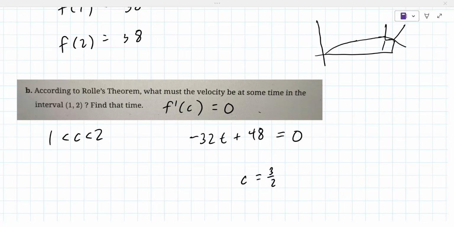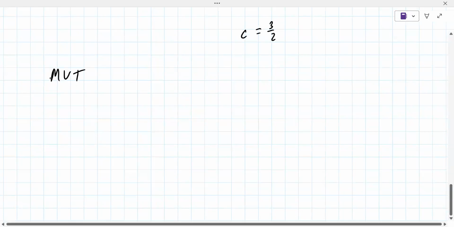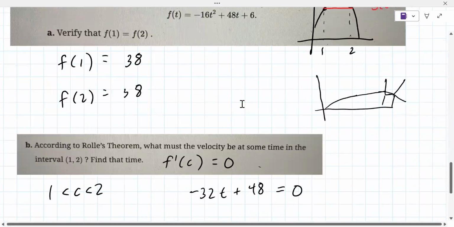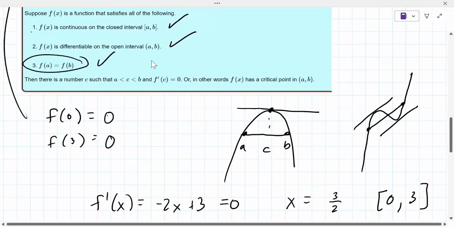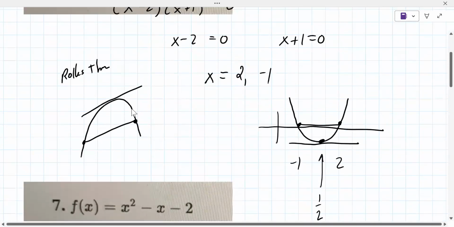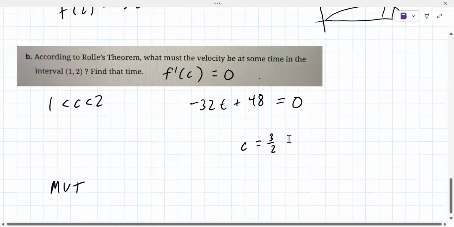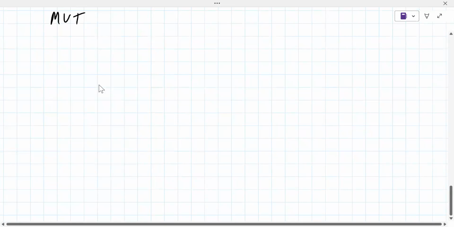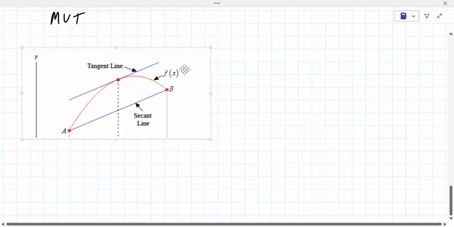Some of the things I was saying about Rolle's theorem are actually for the mean value theorem. Rolle's theorem does require it to be horizontal, so this is not Rolle's theorem. This is the mean value theorem, where it could be at an angle.